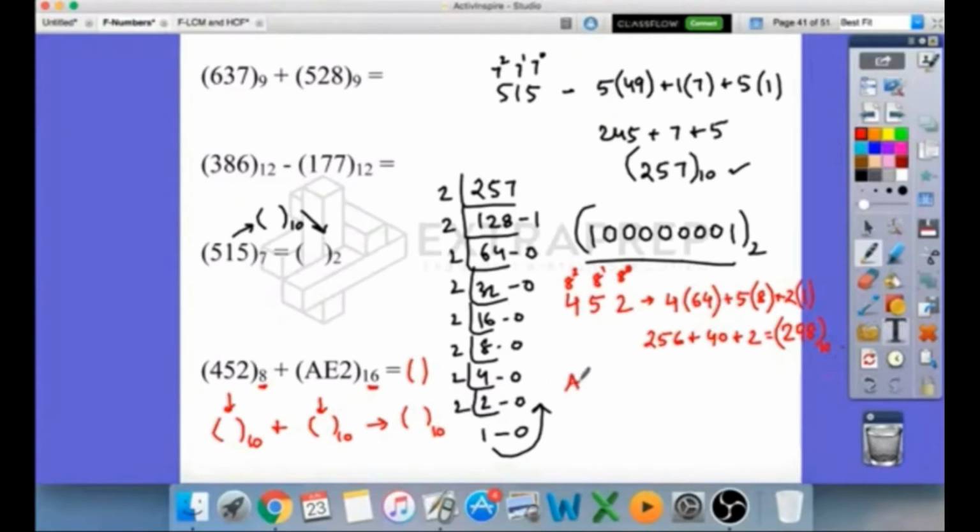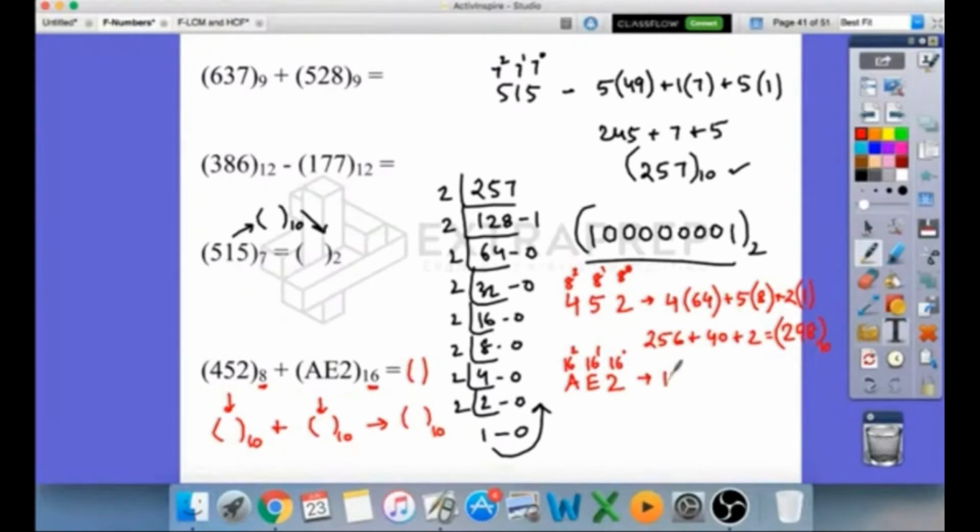Then we'll convert AE2. This is 16 power 0, this is 16 power 1, and this is 16 square. Now what's the value of A? That's 10.